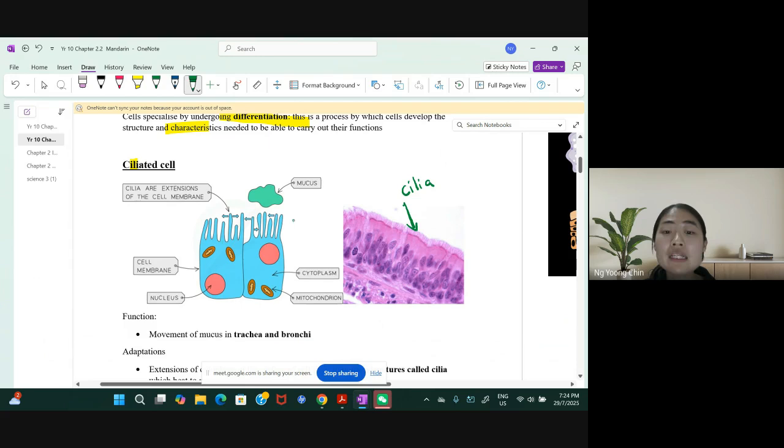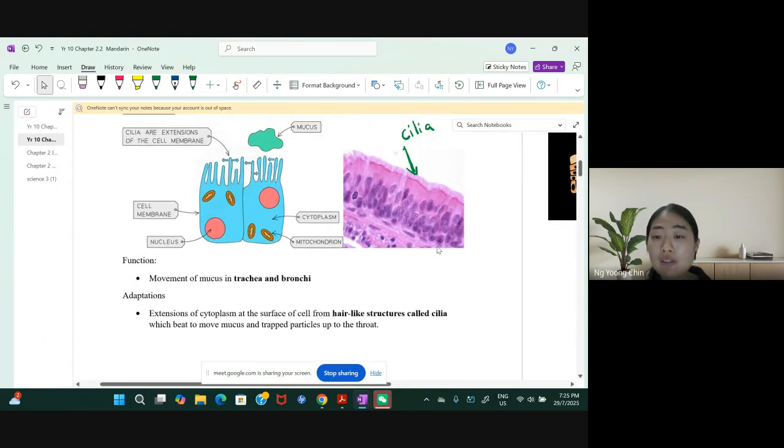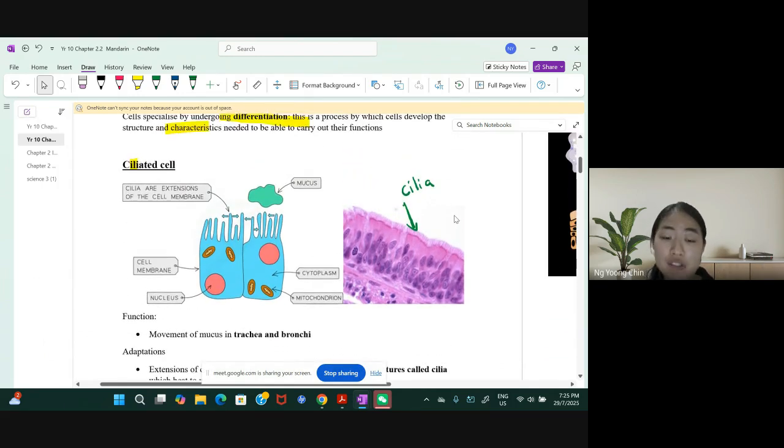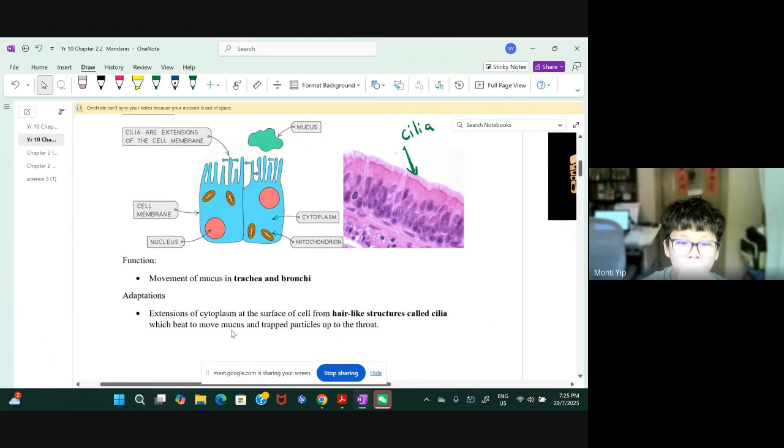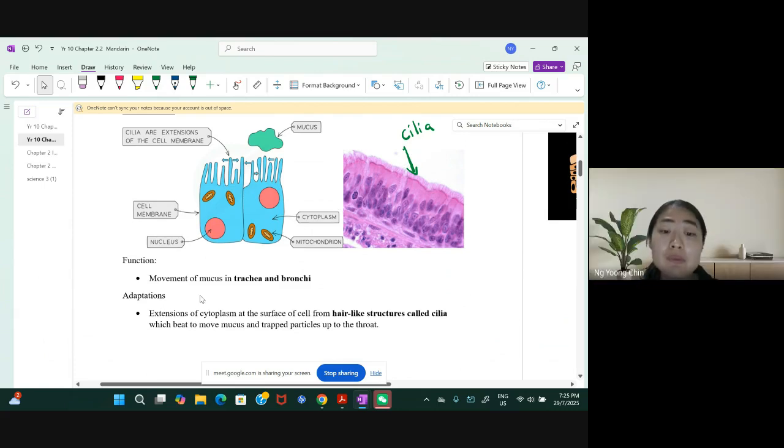The whole thing we call a ciliated cell because it has long extensions. Cilia are found along our respiratory tract. Besides cilia, we also have another structure called mucus, so you need to know these two structures, cilia and mucus. What kind of cell produces mucus?